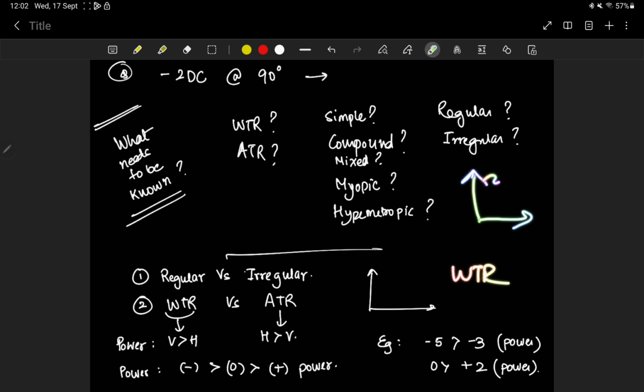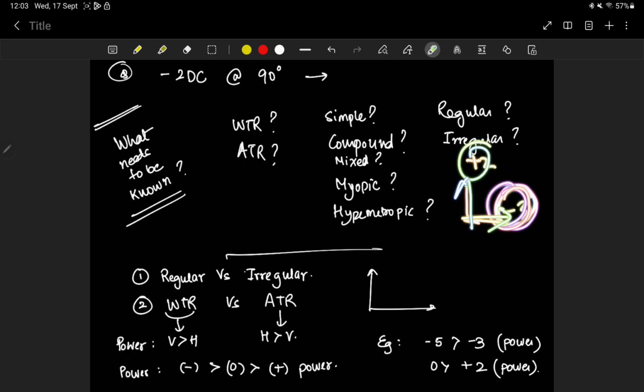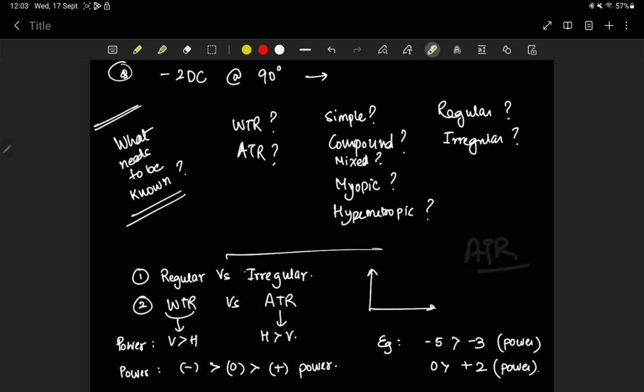But if I say there is +2 over here and -3 over here, -3 is definitely having more power than +2. So power in horizontal is more than power in vertical. So this is the against the rule astigmatism picture.